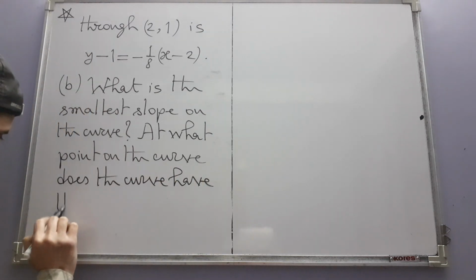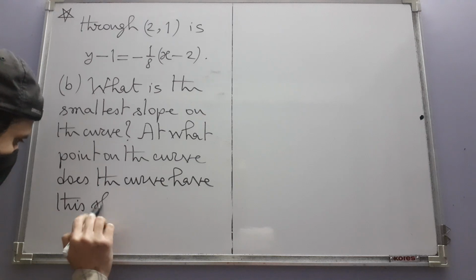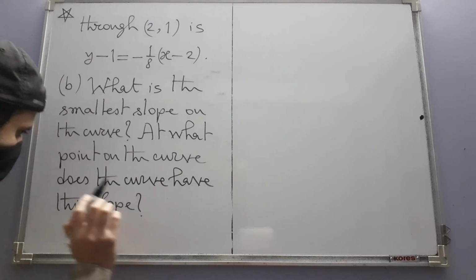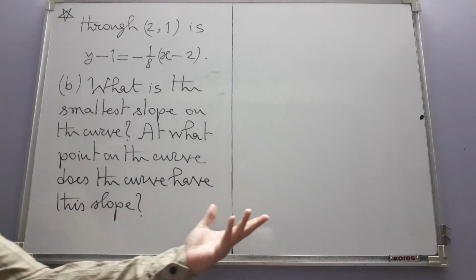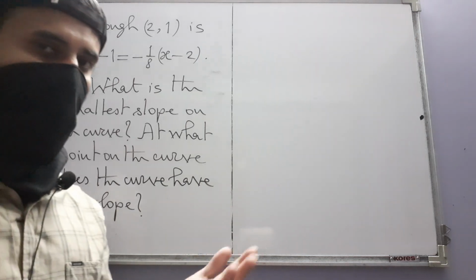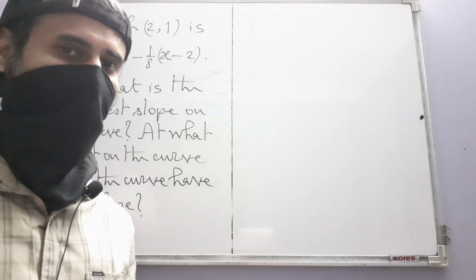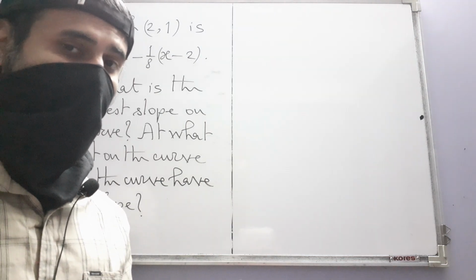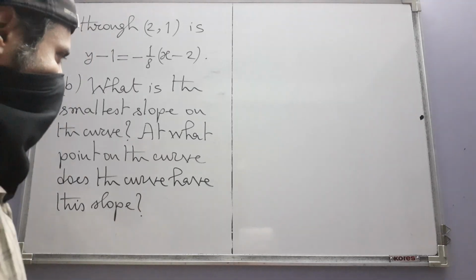Okay, so we already know the slope, which is our dy/dx, which is 3x squared minus 4.